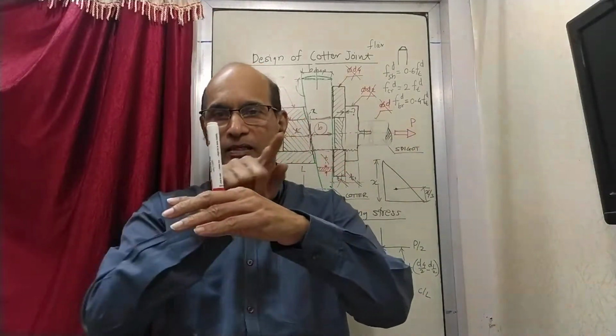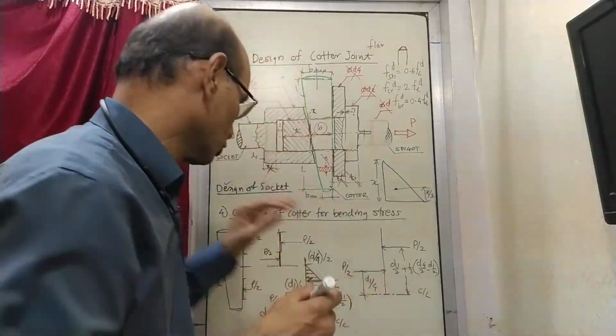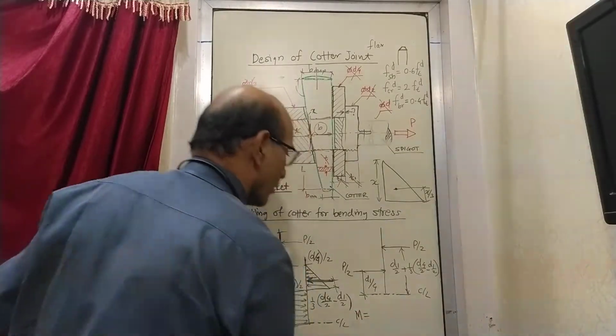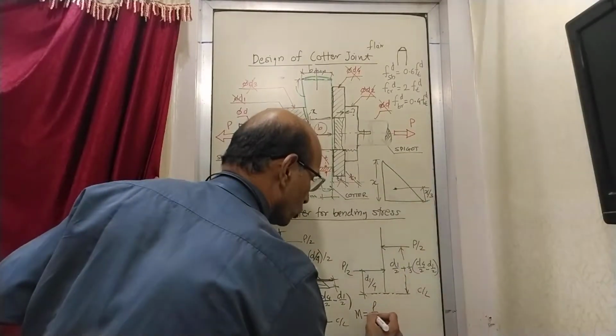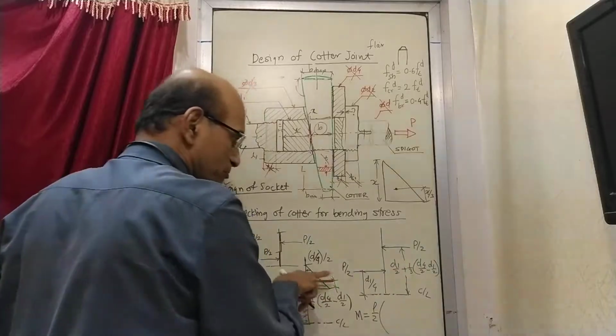So the moment is this force into this distance minus this force into this distance. So now you write that moment is equal to, this is larger, so I'll write here P by 2 into this minus P by 2 into this.